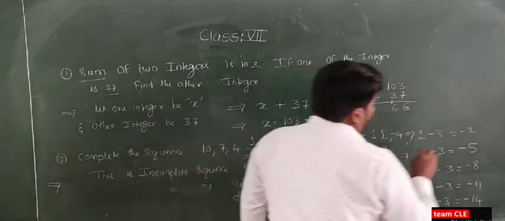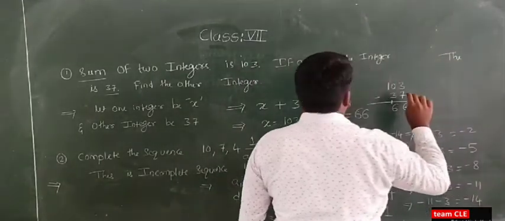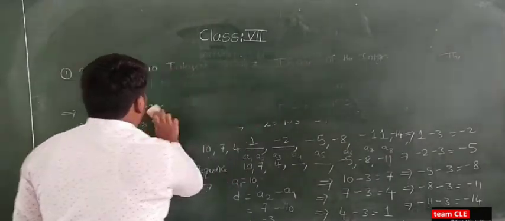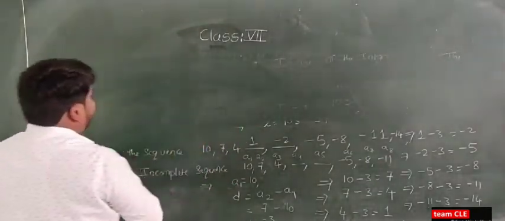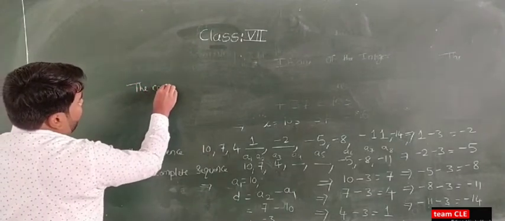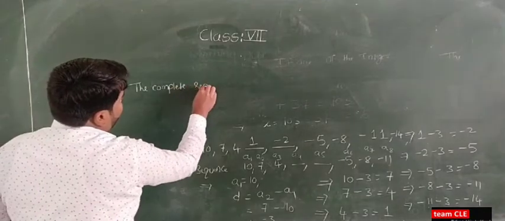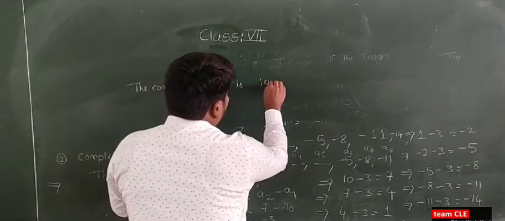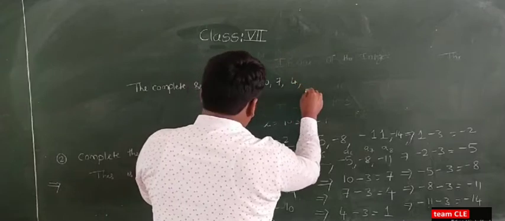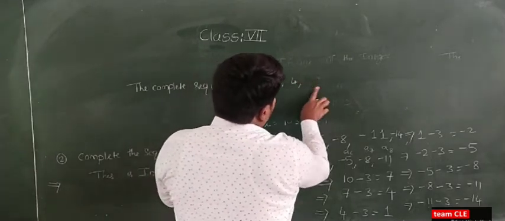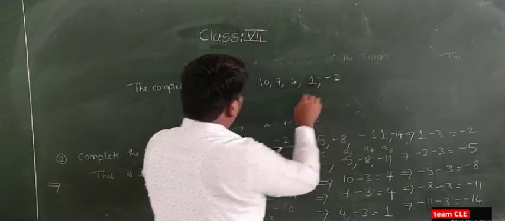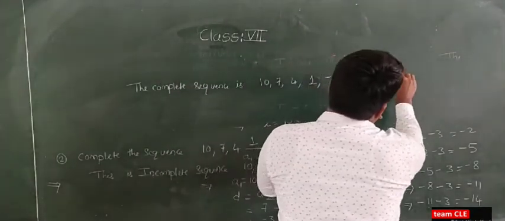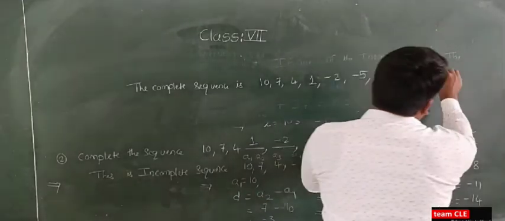So we can write the complete sequence. The complete sequence is 10, 7, 4, 1, -2, -5, -8, -11, -14.